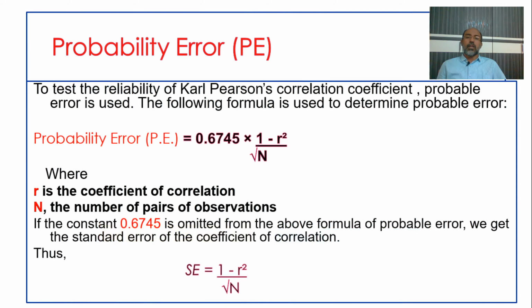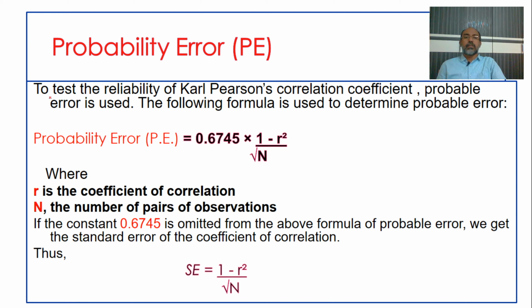Then we'll talk about the probable error. This is an additional calculation propounded by Karl Pearson to know how much is the error or the limit of the Karl Pearson correlation.